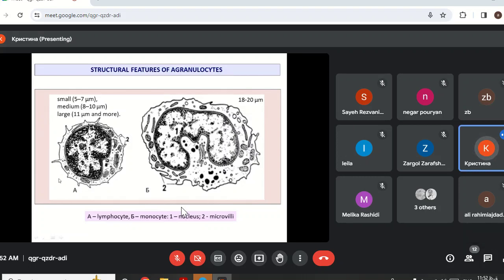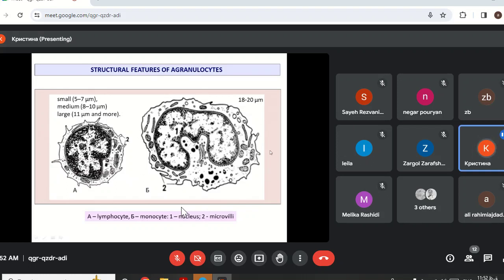Lymphocytes are the smallest cells in blood. They have rounded cell nuclei and very little cytoplasm. They are subdivided into 3 subtypes according to their size: small, up to 7 micrometers, medium, 8 to 10 micrometers, and large, more than 11 micrometers.